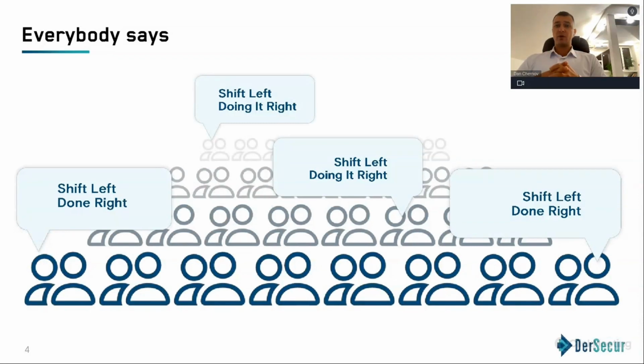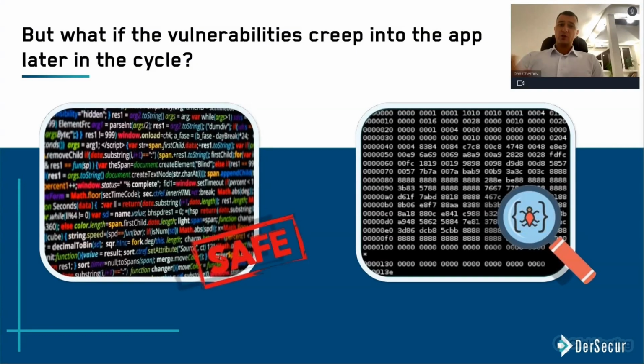But at the same time, while shift left is undeniably crucial, it begs the question, is it really sufficient or not? So the question is, is true security guaranteed simply by following shift left practice?